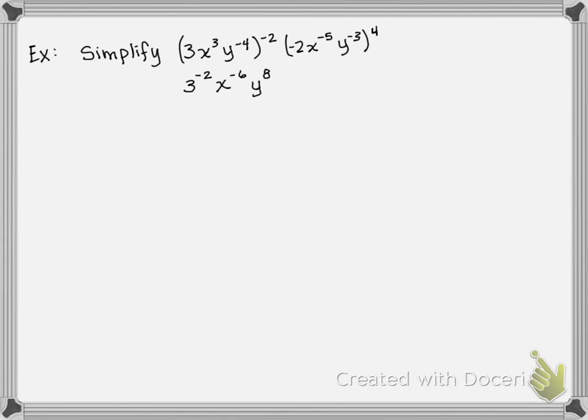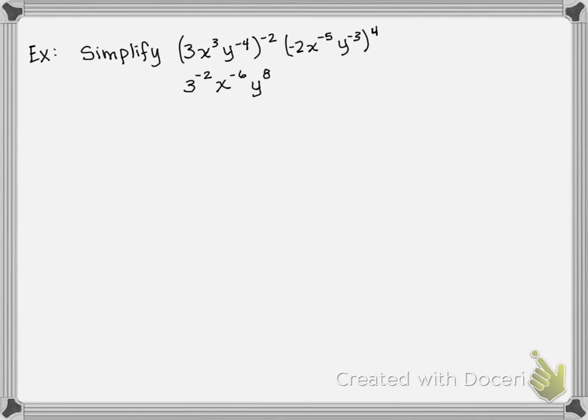So raising an exponential expression to another exponent, we just multiply those exponents. Notice we did not multiply 3 times negative 2 because that 3 isn't an exponent, right? Do you guys see the difference between having a base of 3 and having an exponent of 3?